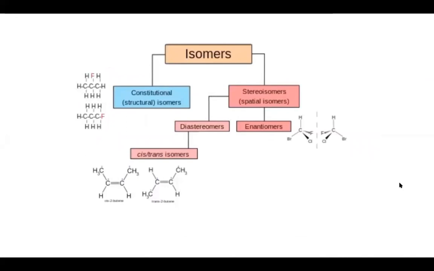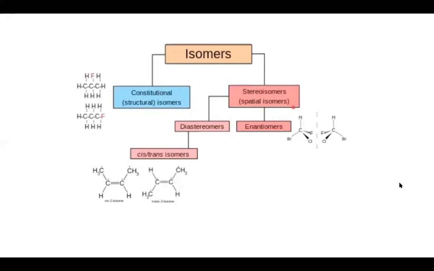These two molecules, this one up here and this one up here, both have the same formula, but you can see that the structure is different: this molecule is on the end, and this molecule, the fluorine, is kind of in the middle part. So they have different structures. If the molecule has the same formula, same structure, and the only thing that's different is the orientation of the atoms, it's going to be a stereoisomer.